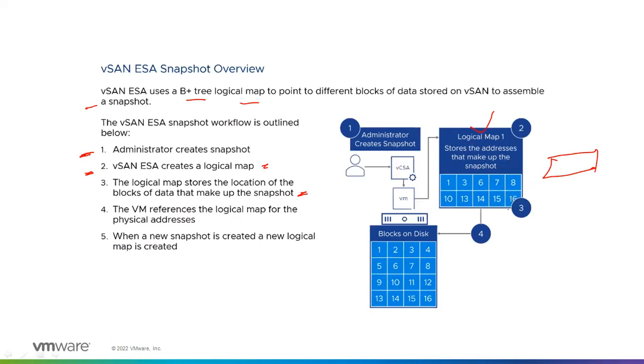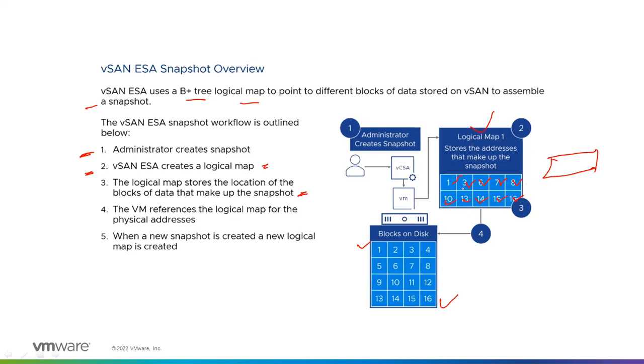Okay, so when we say logical map, if you see the blocks here, in this example, there are blocks from 1 to 16. Whenever our data is written into logical map 1, let us suppose the delta changes happen only here, on that particular block.